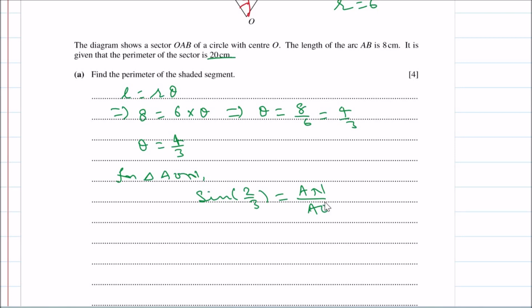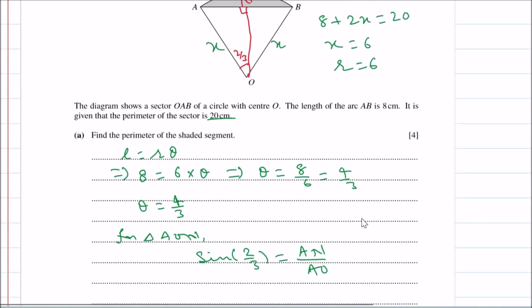You can see in the triangle. Now AO is 6, so AN becomes 6 into sine 2 by 3.